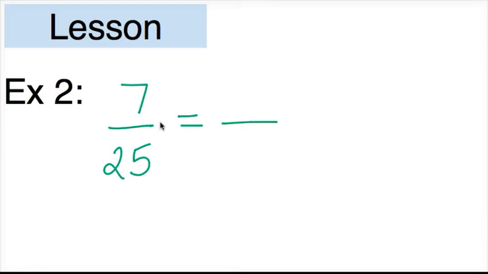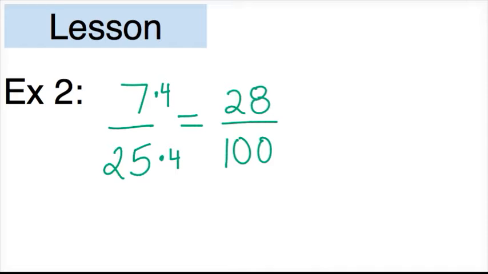This fraction can't be simplified. What about 100? Hopefully you thought 25 times 4 equals 100. 7 times 4 is 28. My fractions are equivalent, but now I have something with a power of 10 in the denominator.